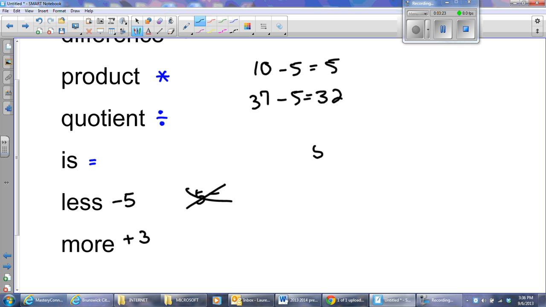If you had 5 and then you wanted to add 3, or if you wrote 3 plus 5, you'd get the same answer, wouldn't you? These are equal to each other. That's because addition and multiplication are both commutative. Commutative is a very important property. You'll hear it mentioned more and more in the upcoming days. Commutative property of addition or multiplication. Commute means to go back and forth, like your mom or dad might commute to work.